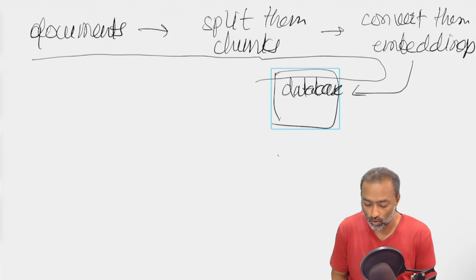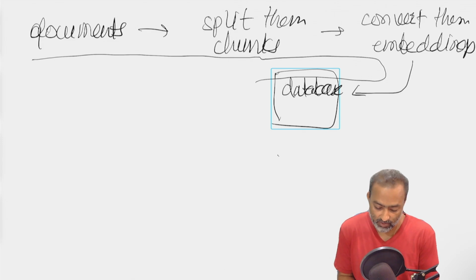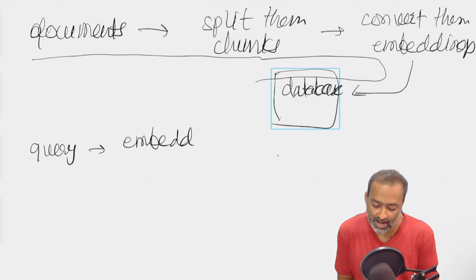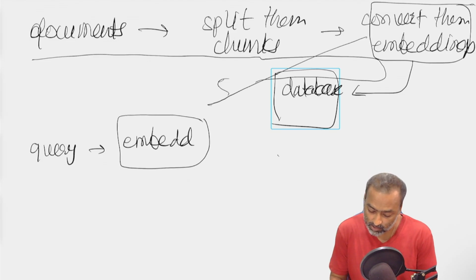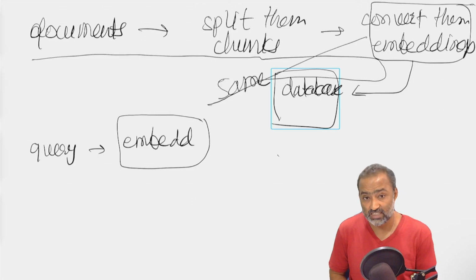Now the second step of the RAG system is to answer the query. So we will have a query. We will embed the query as well with the same system.